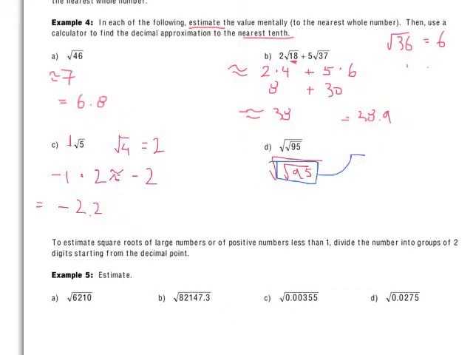I have to use my mental math here to determine the closest perfect square, and the closest perfect square to 95 in this case is the square root of 100, and the square root of 100 is 10. So I'm going to just replace this over here with a 10. So now I have the big square root on the outside and just a 10 on the inside.